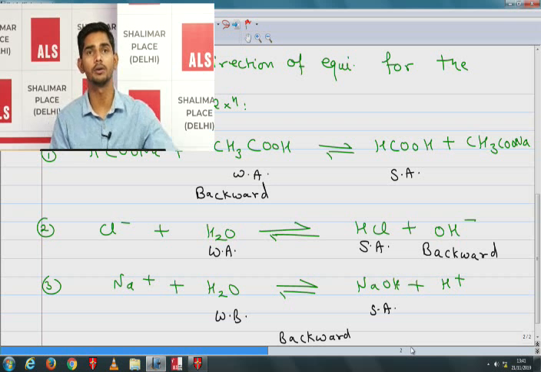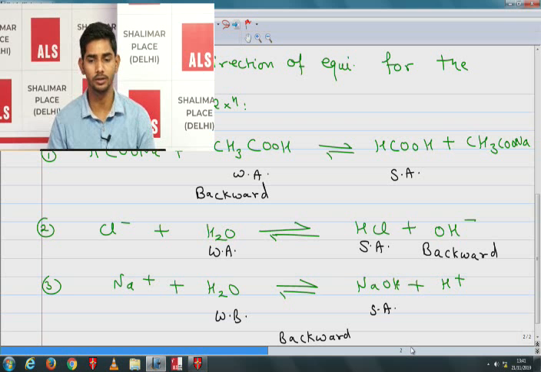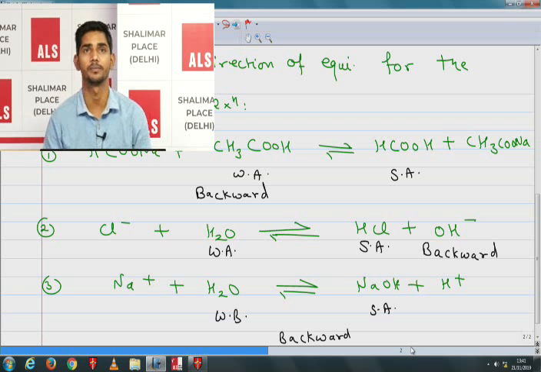How many of you has got all 3 correct answers? And if anyone there has got confusion in any of the question, you can please ask me.